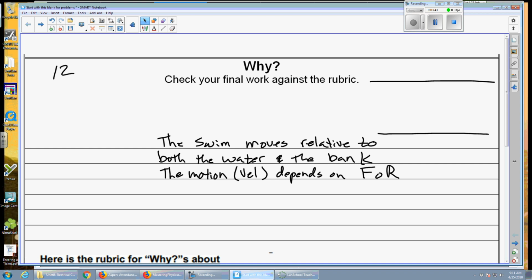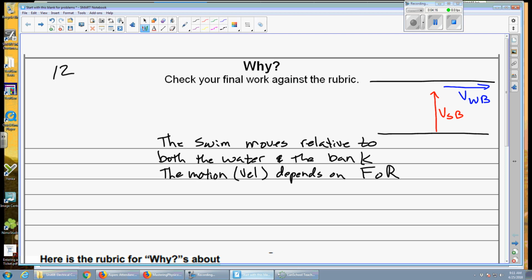All right, so my diagram here. The current is going to go that way, so I'm going to label that as the velocity of the water with respect to the bank. The swimmer wants to end up going this way, so that's the velocity of the swimmer with respect to the bank.